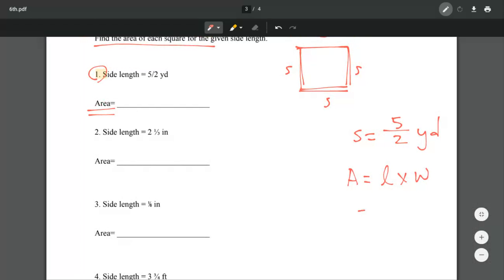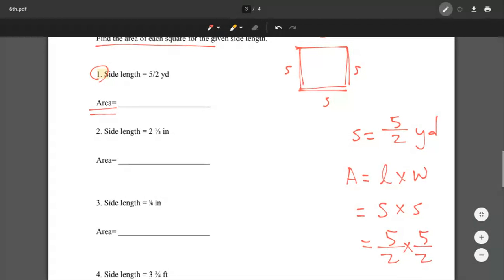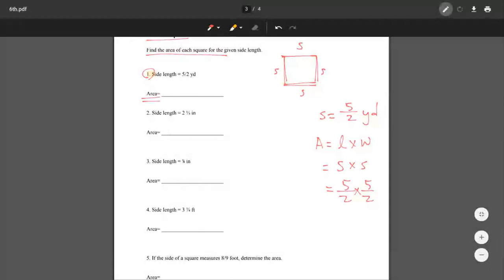Okay? And so to find the area, we know the area is equal to length times width, right? For a square, that's going to be side times side. So 5/2 times 5/2, right? And so our area is going to be 25/4 yards squared.